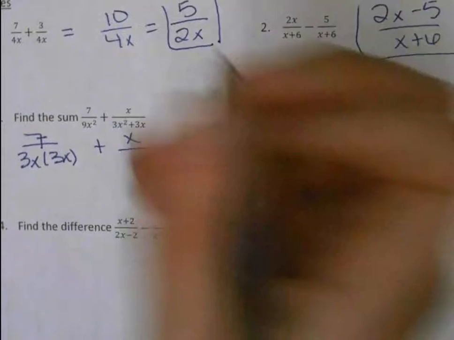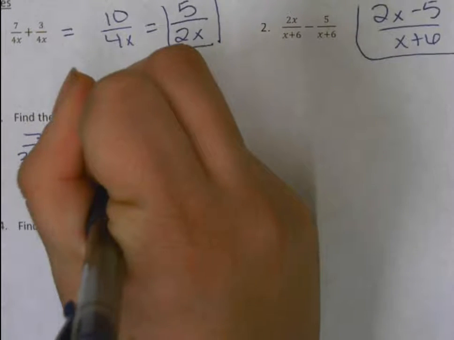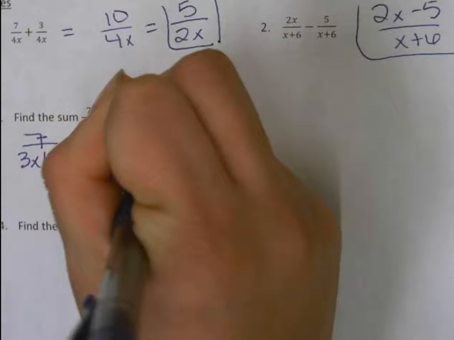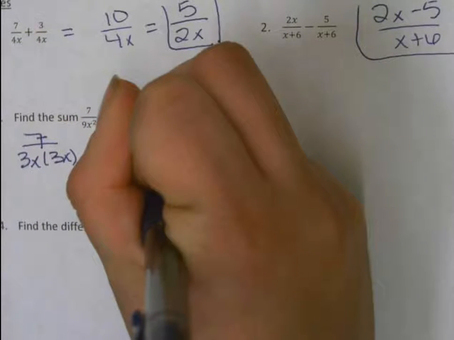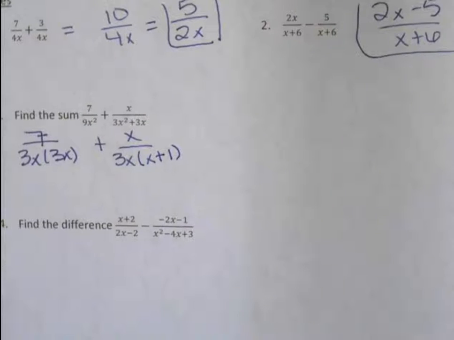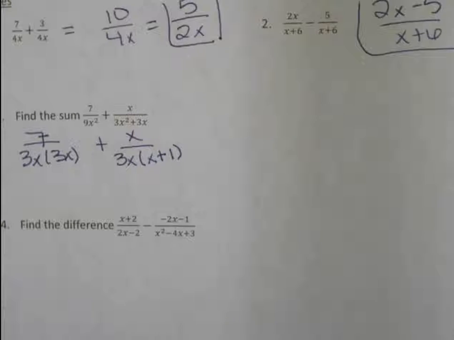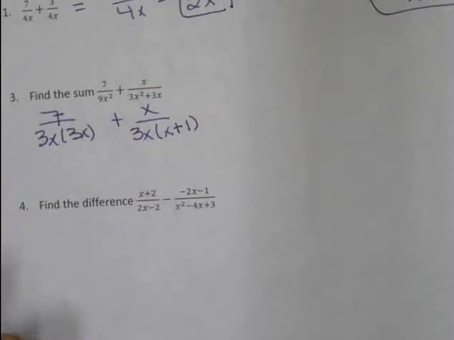And then the second one factors to 3x over x plus 1. Okay. So I need to have the same thing on both sides of my bottoms.